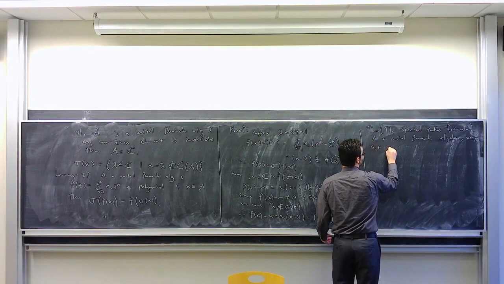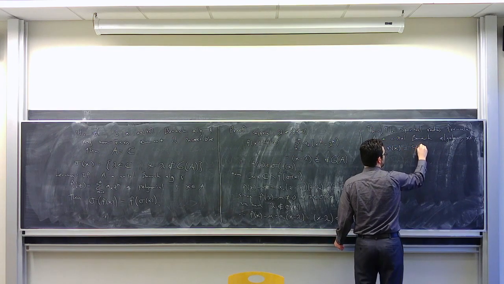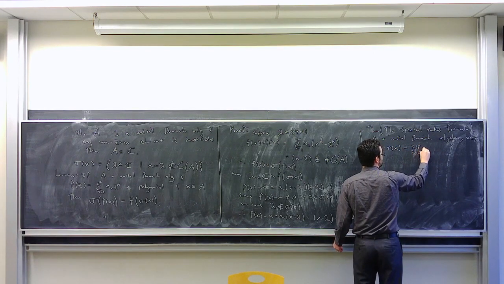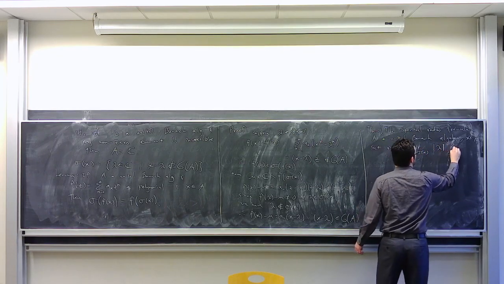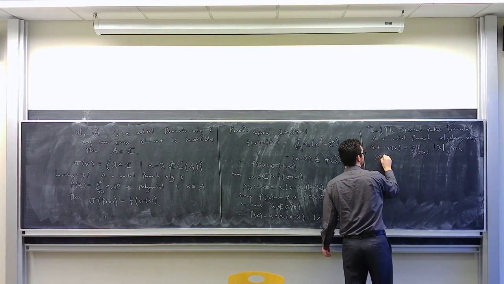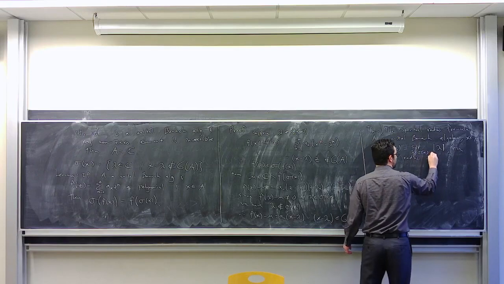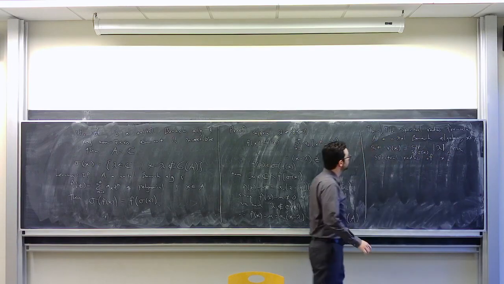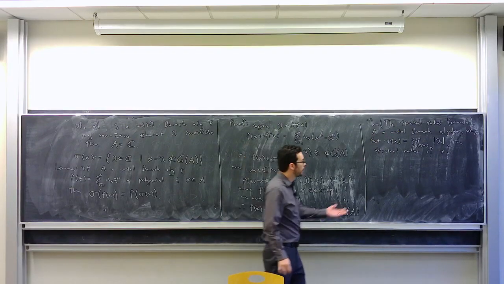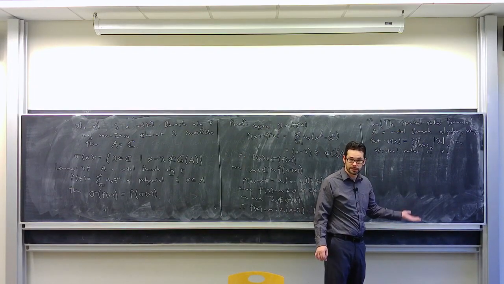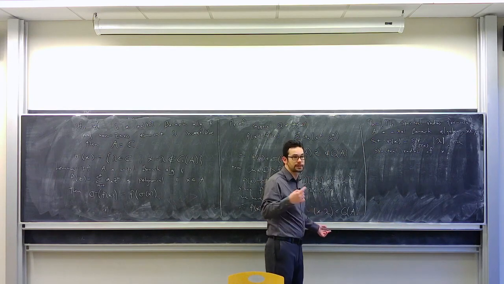Set the spectral radius of x to be the supremum over all lambda in the spectrum of x of the absolute value of lambda. So the theorem says that we can compute this without knowing anything explicitly about the spectrum, as long as we know the norms of x and its powers.